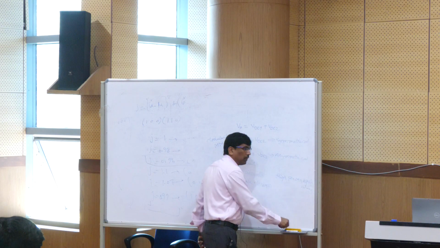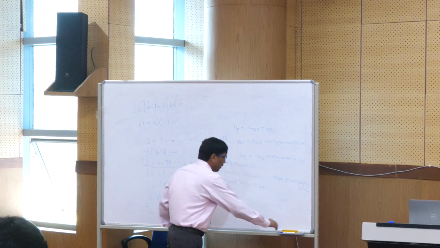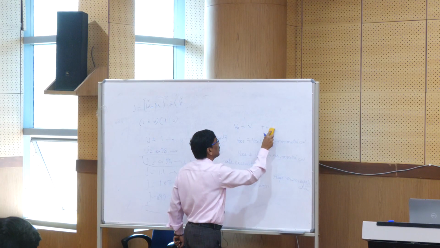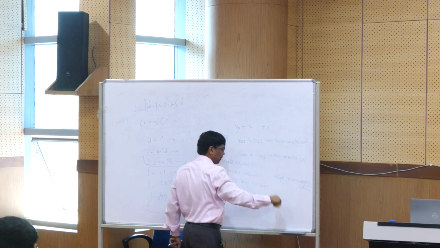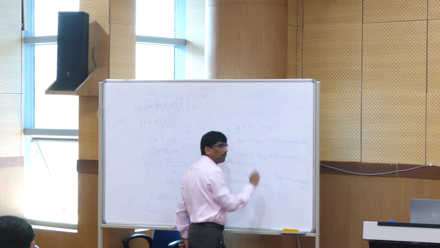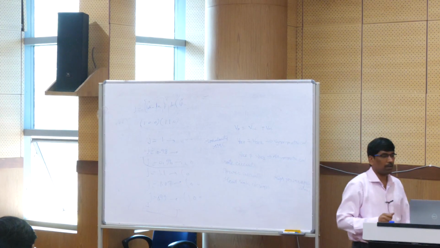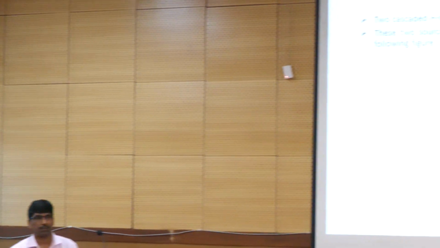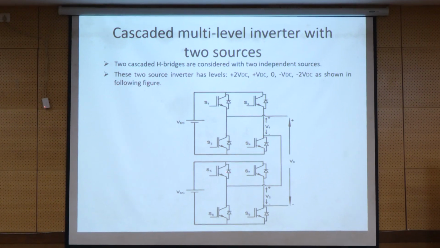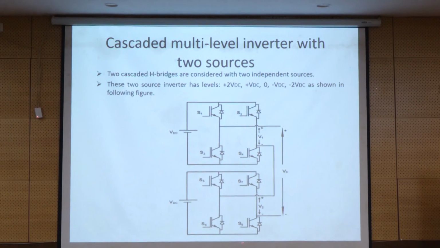So, this is for 2 levels. If the output voltage is V01 plus V02, and you want more levels, one more stage can be cascaded to the existing one, with the output given as the input to the next.